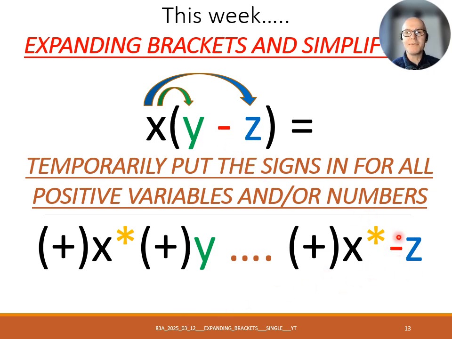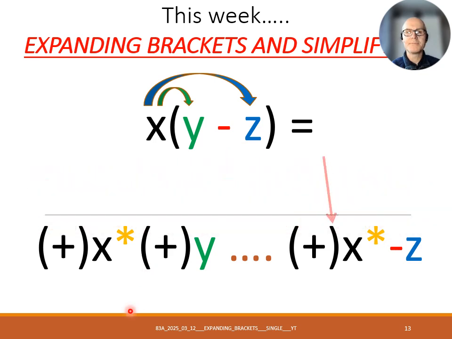Here's where the negative sign comes from on the negative z. It comes from the subtract z. Here it is, red and red. Positive x times positive y and positive x times negative z.